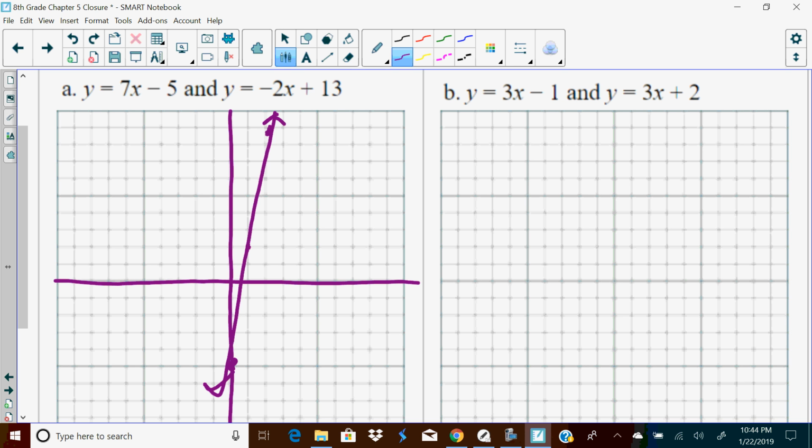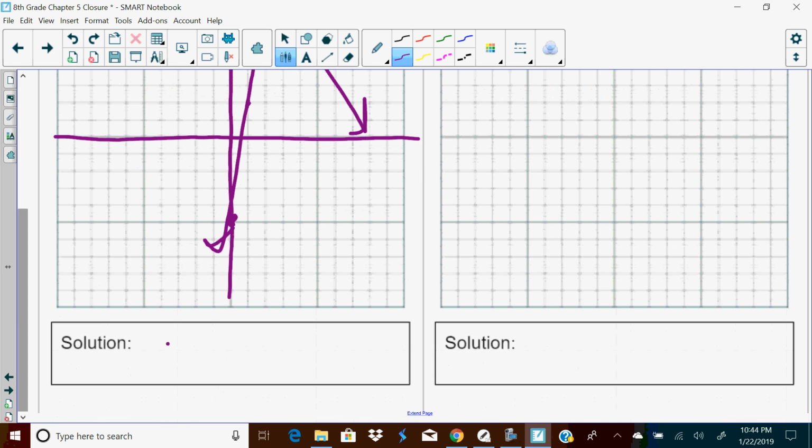My other line starts at positive 13, which is above my graph, but I know I'm going to go down 2 and over 1. So down 2 and over 1 is actually going to put me right here. So my line would have looked like that. So the answer is 2, 9 for this one.